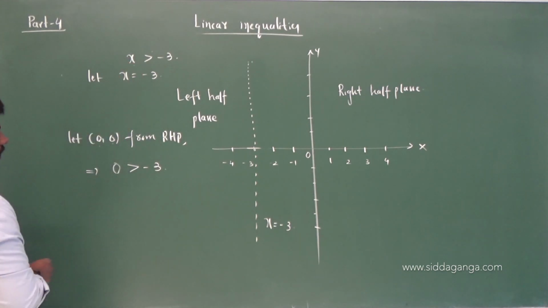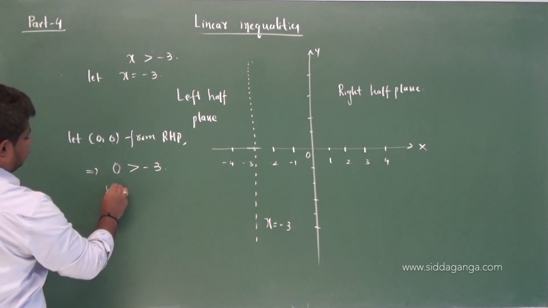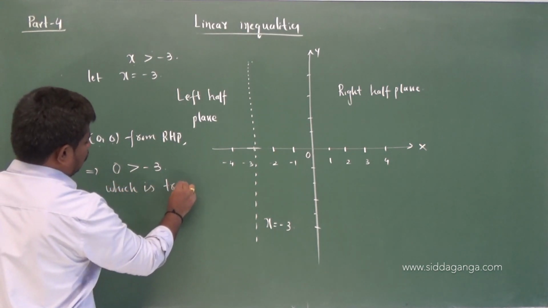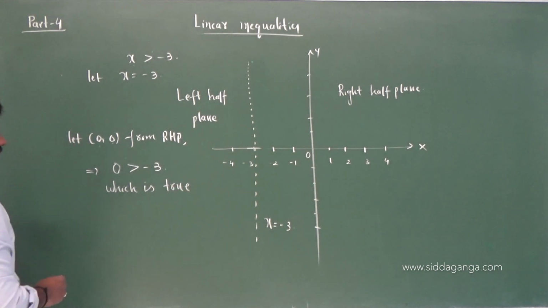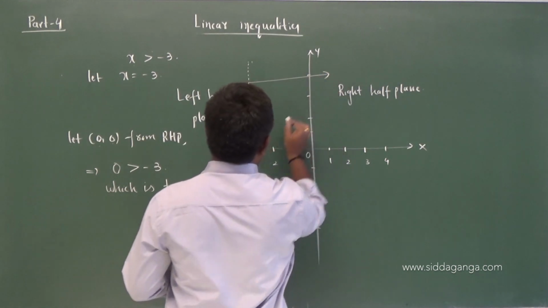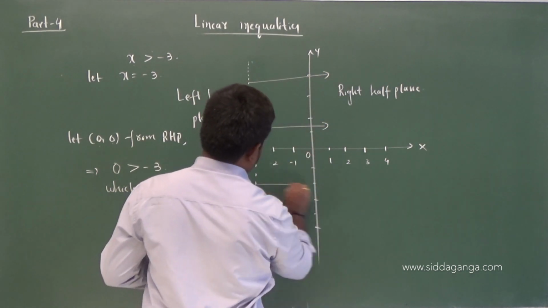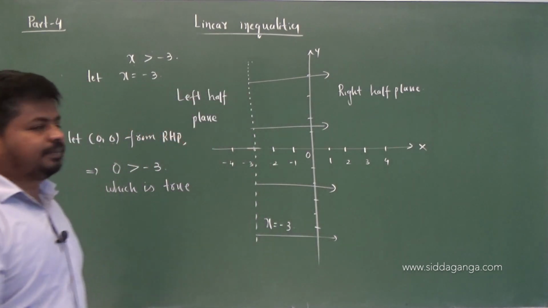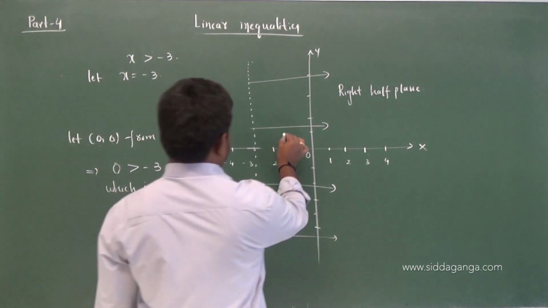So, 0 is greater than minus 3, which is of course true. Hence, your solution region is the region from which you have taken the point. This is your solution region.